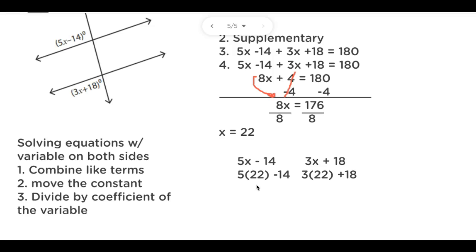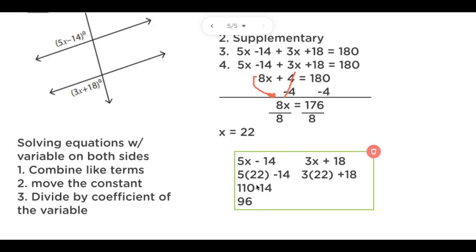So now we need to solve these expressions, and we can solve them by using PEMDAS, which starts with multiply. We got 5 times 22, which is 110. So we got 110 minus 14, and 110 minus 14 is 96. So the measurement of the first angle is 96. Now let's move over to the second angle.